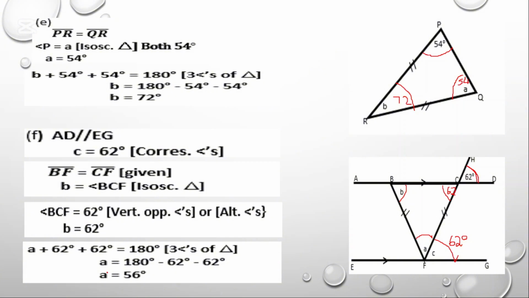Then A in the next line, we deduct the 62 and the 62 from 180, and our answer is equal to 56 degrees. So this angle here is 56, and that angle there is equal to 62. And the sum of these 3 angles must give us 180 degrees.